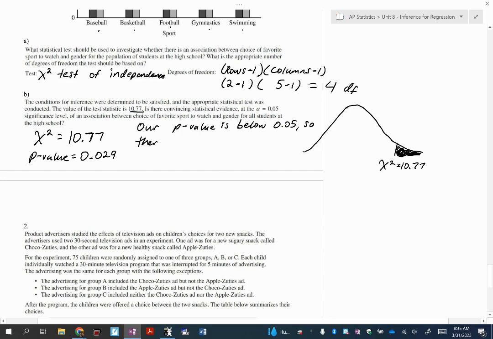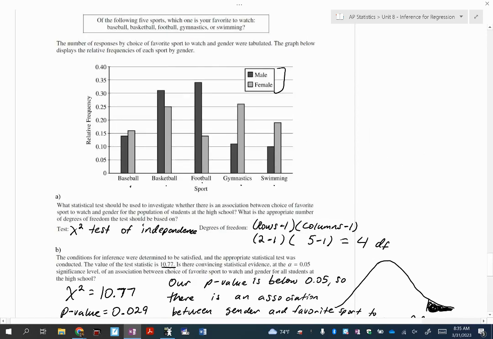So there is an association between gender and favorite sport to watch. All right, so that's it for the first one.